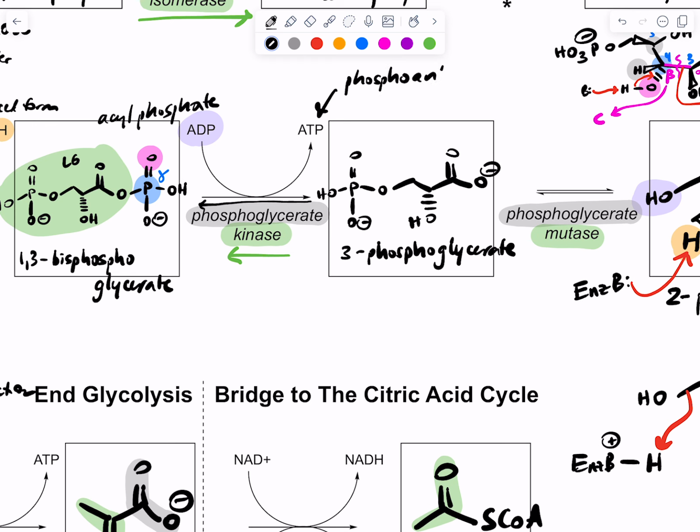Again, focusing in on what's changing. Before the reaction, you have a phosphoryl group here in 1,3-bisphosphoglycerate. After the reaction, that is now the gamma phosphate group of ATP. What used to be involved in an acyl phosphate is now involved in a phosphoanhydride. Level 1 to level 1, that's reversible.